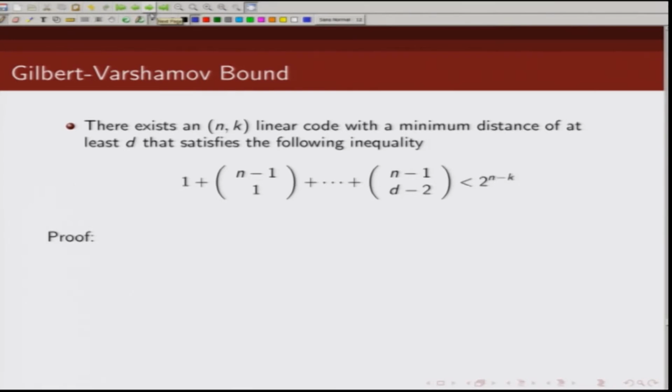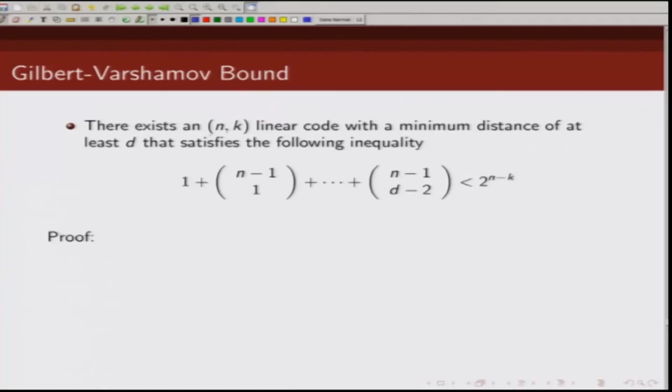Finally, we conclude this lecture with the Gilbert-Varshamov bound. So, what does the Gilbert-Varshamov bound say? If you have an (n,k) linear code whose minimum distance is at least d, then the following inequality must be satisfied. And what is this inequality?